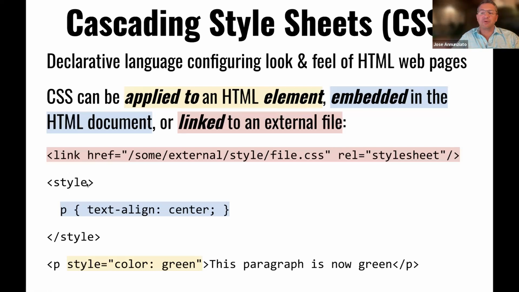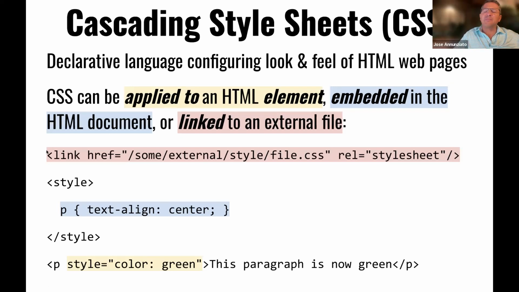Now, what if you have dozens of pages, or hundreds of pages? You still would have to copy and paste this style in dozens or hundreds of pages. That still is a lot of work. So this too is considered to be bad practice. Don't use style attribute, don't use style tags, again, unless it's a throwaway piece of code or something trivial.